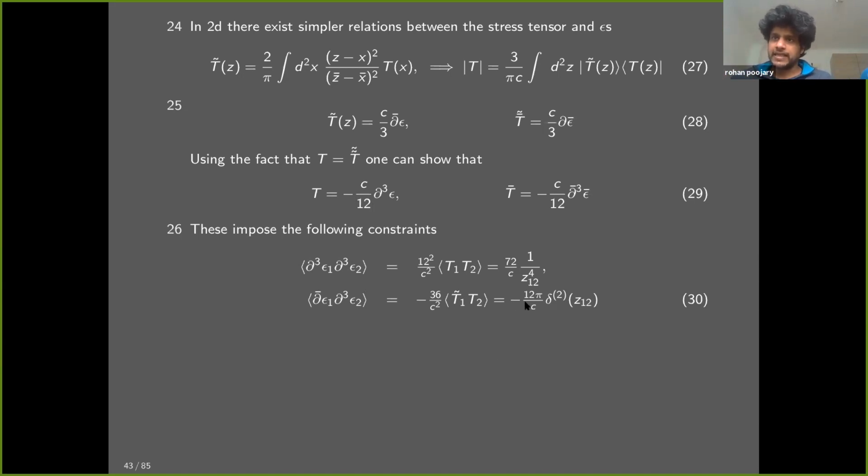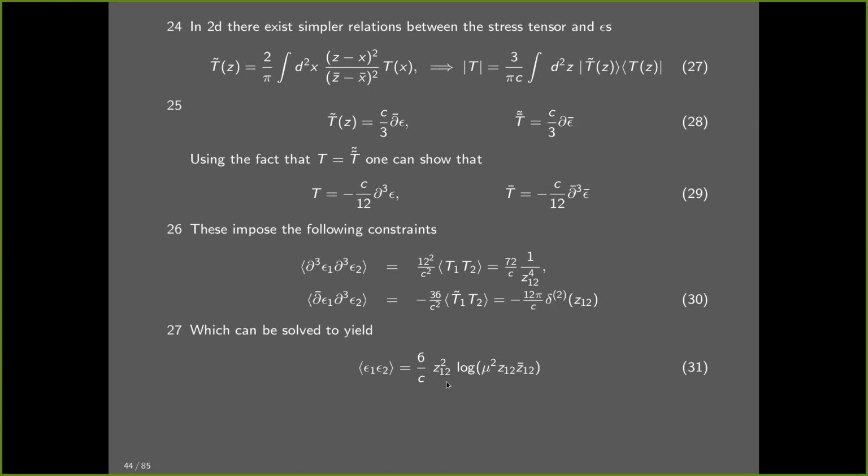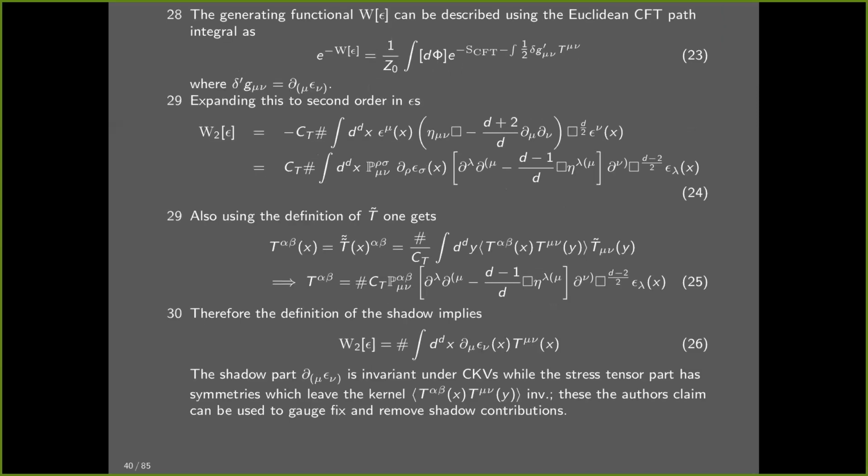So t tilde and t have to give a delta function, and the t 2-point function has to be a power law. That tells you that, consistently, the epsilon 2-point function is basically this. So something like 29 is true in general dimensions, where the stress tensor is a descendant.